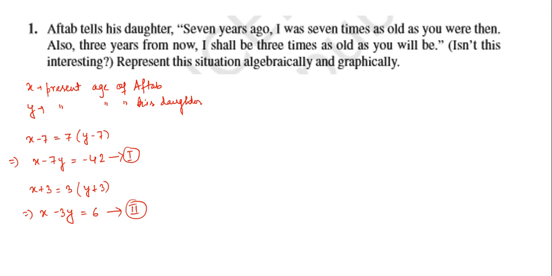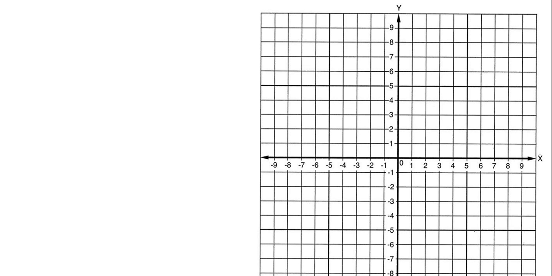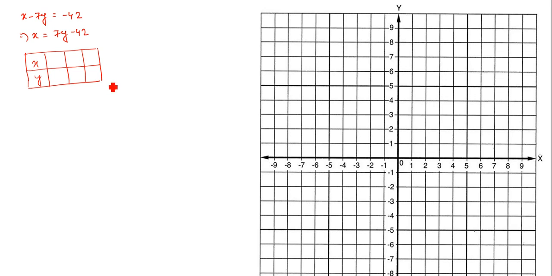Now we will solve these equations graphically. Here is my graph. We will first write the first equation, x minus 7y equal to minus 42. For that we can write x equal to 7y minus 42, and now we will make a table of x and y.